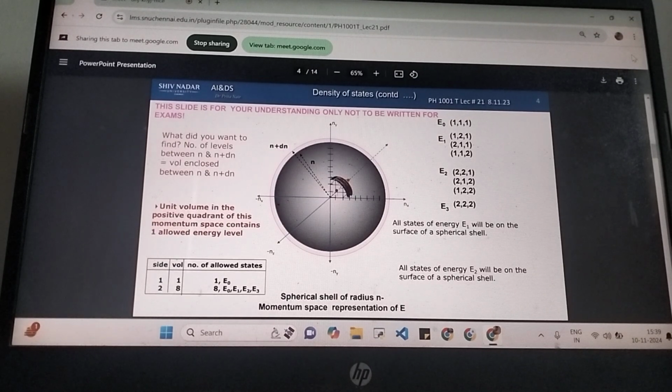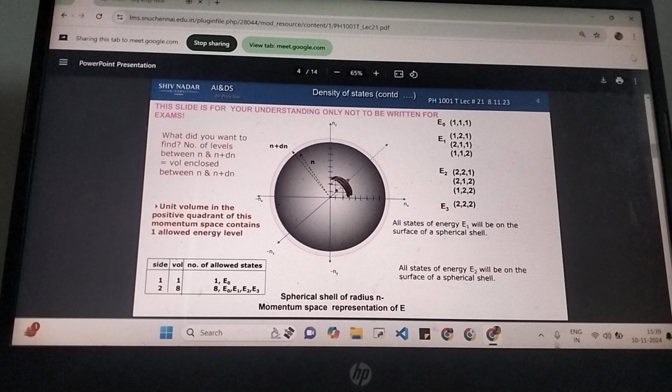You will notice that there are n cubed possible allowed energy states starting from 1, 1, 1 up to n, n, n, which are allowed. So what does this tell us? The number of allowed energy states from E1 to E2 is simply the volume difference between a sphere of energy E2 and a sphere of energy E1.